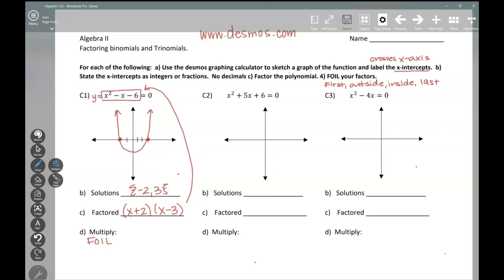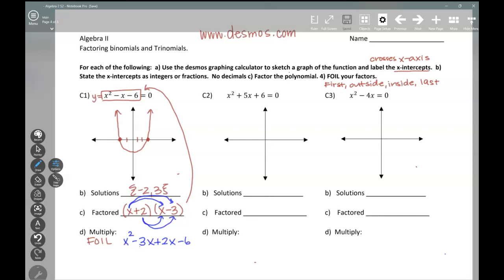So first would be the first two terms, which is x times x. That's going to give us x squared. Outside is x times -3, which will be -3x. Inside, which are our inside terms, that's going to be a positive 2x. And then last, 2 times -3 gives us -6.